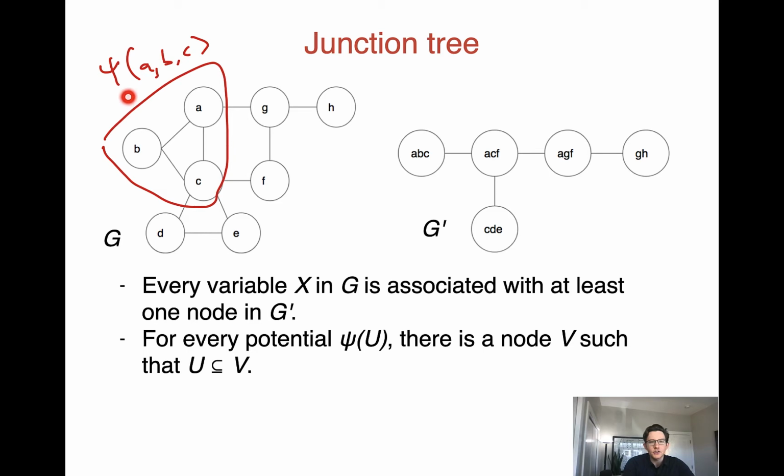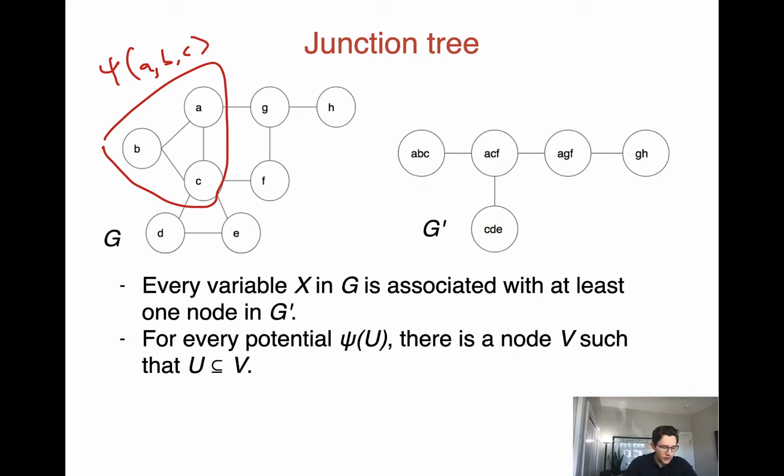For every potential psi over that subset U, there has to be a node V in G prime such that U is a subset of V. That is to say that basically for every potential, that set of variables has to fit into one of our nodes. So you can see that for this psi, we have a clique here, ABC, and a potential over that triplet, and we can see that that triplet appears in our node.